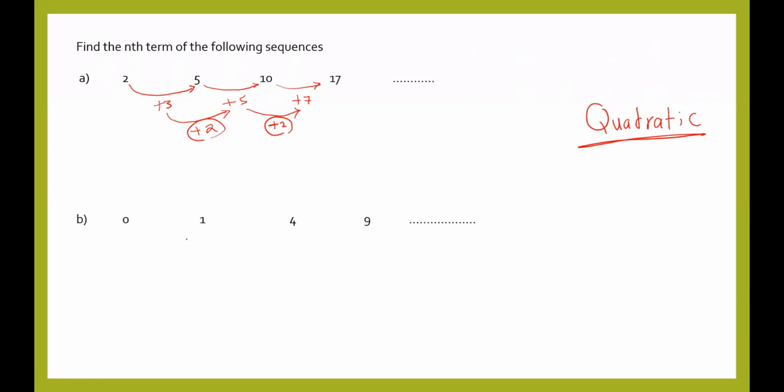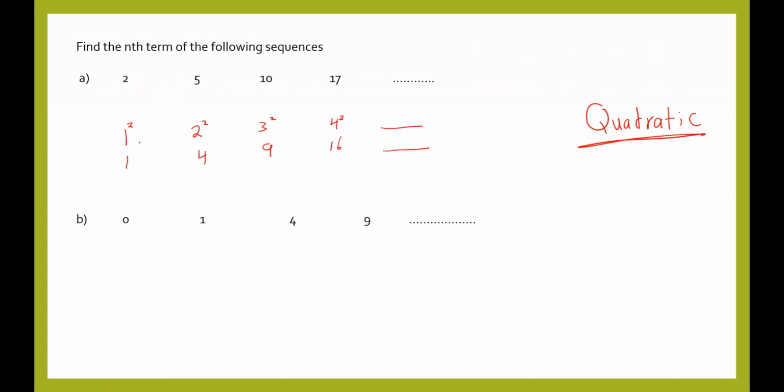I'm going to compare the given numbers with the square numbers. So here we have 1 squared, which is 1, then 2 squared, which is 4, 3 squared, which is 9, then 4 squared, which is 16, and so on.